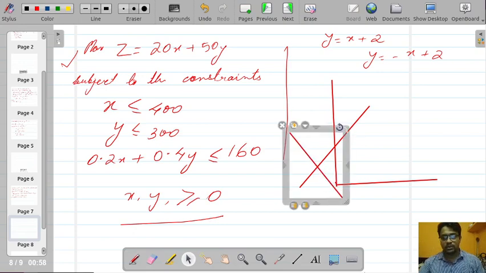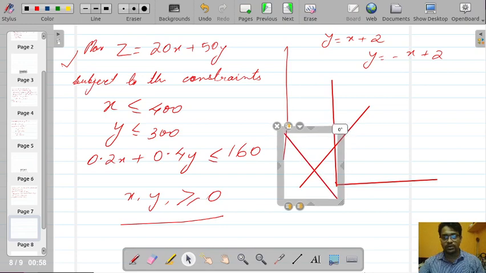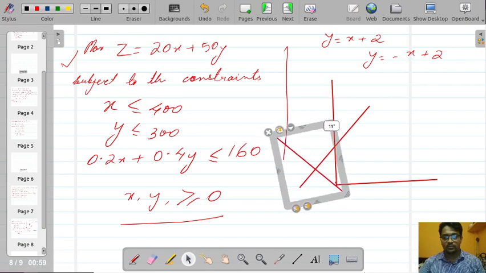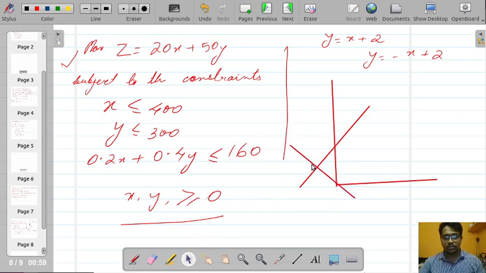So let me just rotate it a little bit. Somewhat like this, and then it passes through this and has y intercept 2. So it's something like this: y equal to minus x plus 2. We need to understand this type of plots. How do I plot it?